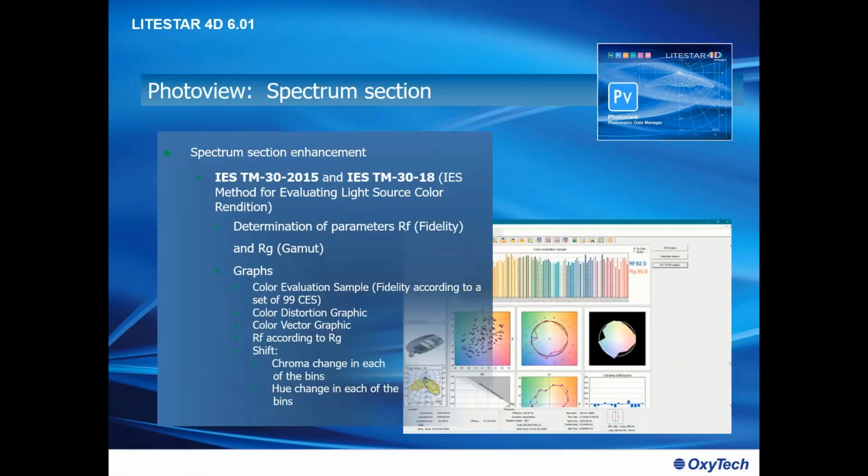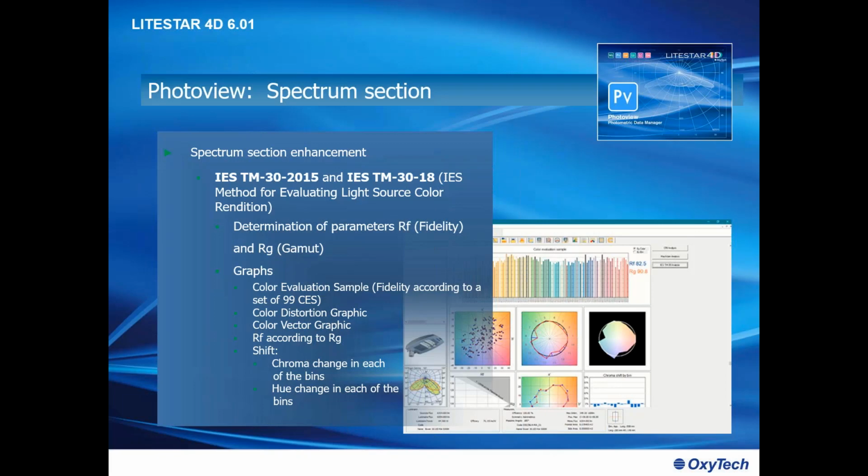Let's start with the new features and enhancements introduced with Photo View. So the main features regards the spectrum section enhancement, where we introduced the IES TM-30-2015 and the same for 2018, which is the IES method for evaluating light source color rendition.